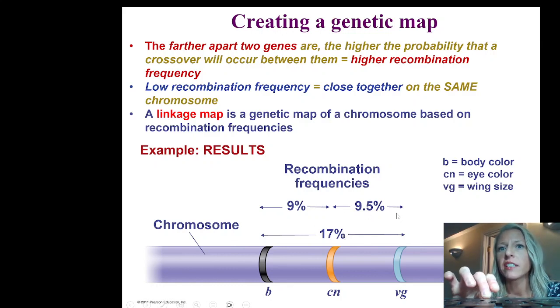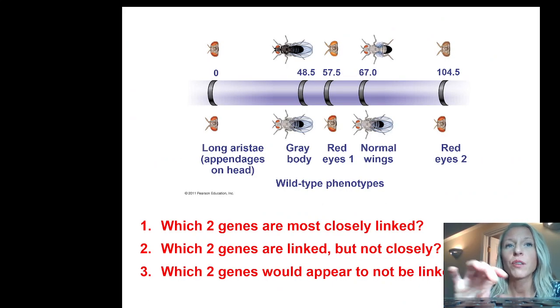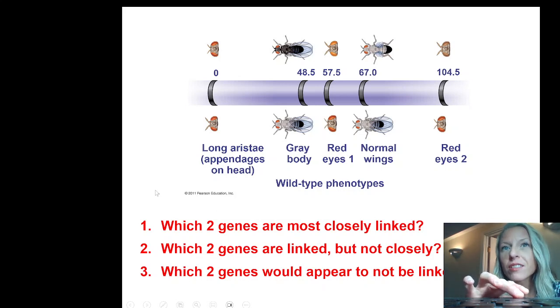There's a lower frequency, 9%, that CN will cross with B, but a 17% chance that B will cross with VG. Okay, so here, which genes are most closely linked?